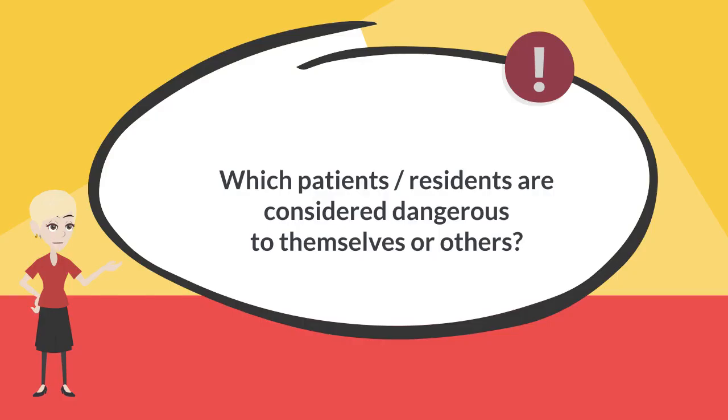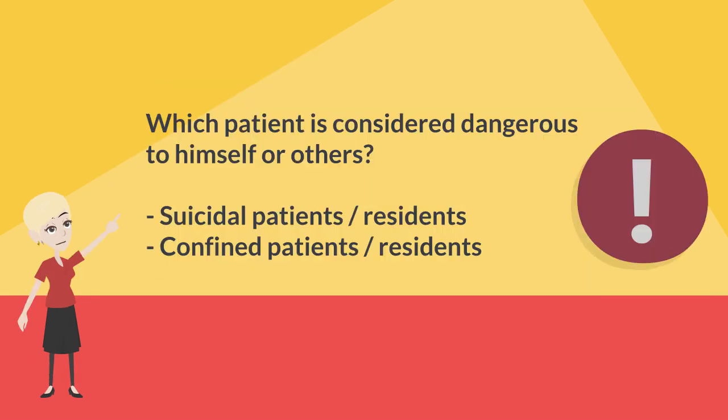Who are the patients who are considered dangerous to themselves or others? Patients that fall into this category are those who are suicidal or those under confinement, and this includes as well those under the Tribunal administratif du Québec.